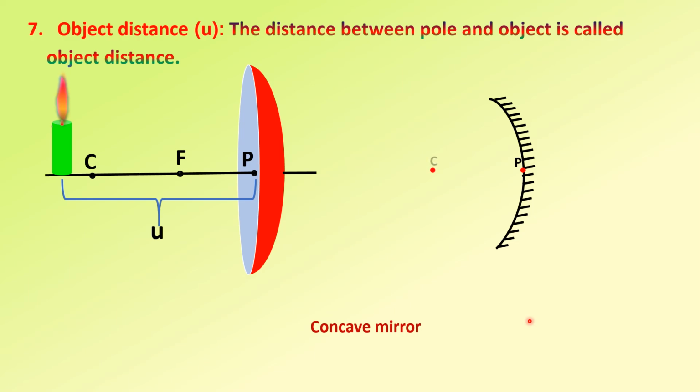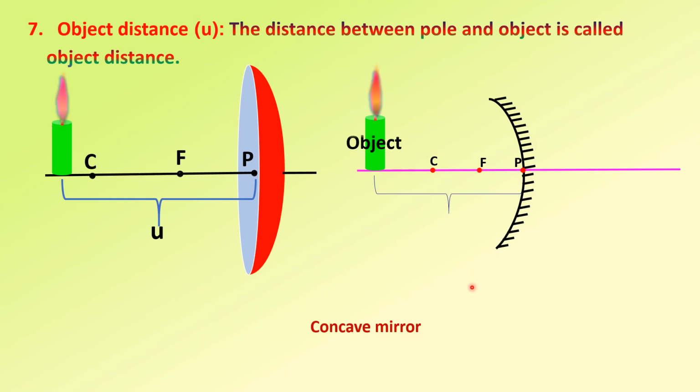I am showing the same again, because in ray diagrams I will use this symbol only. So from P to this point, that is the object, the distance is u.